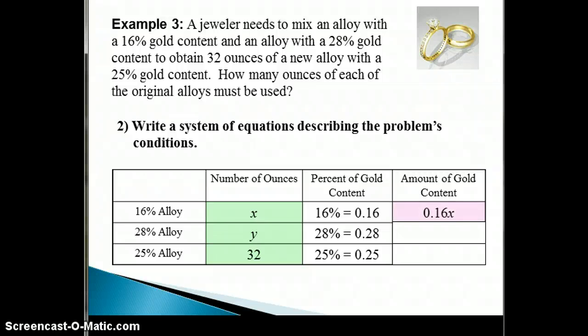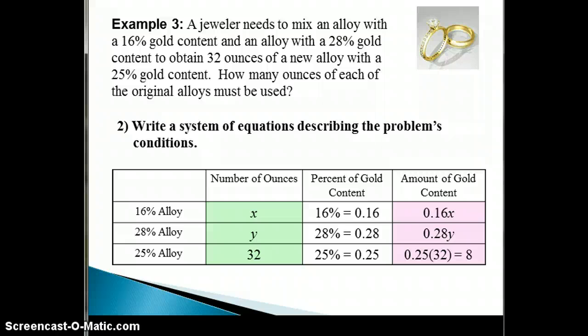Thus 16% of X ounces is gold, which we write as 0.16 times X, and 28% of Y ounces is gold, so we write that as 0.28 times Y. And lastly, 25% of 32 ounces of the mixture is gold, so we write that as 0.25 times 32, which can be simplified to 8.